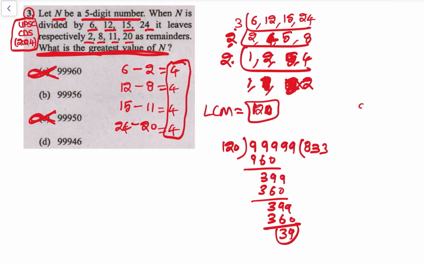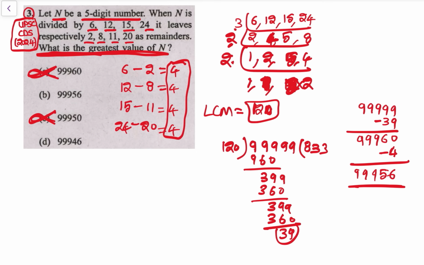So you can do 99999 minus 39, so this is 99960, then minus 4. We have to subtract the common difference, right? So that you will get 99956. So 99956 is the answer.